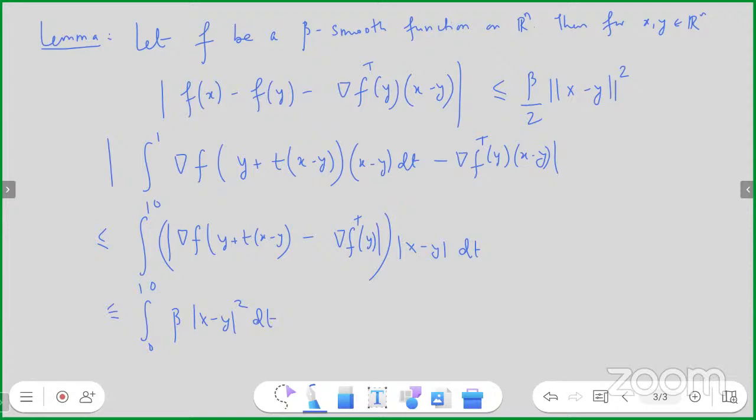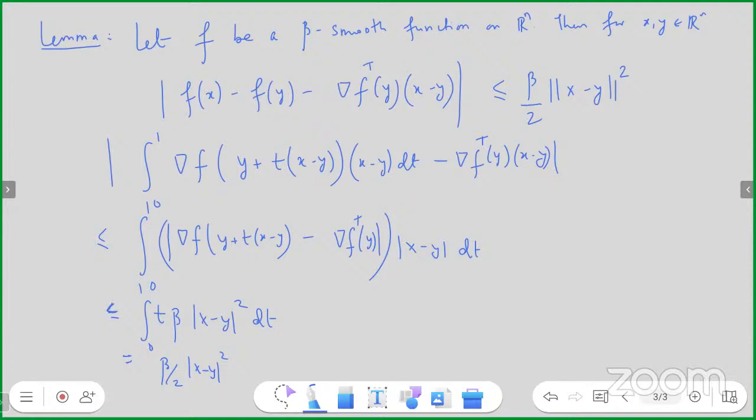And how do I get the half? There's a t here. How can you miss the t? It's not just simply x minus y. There's a t times x minus y. And this is equal to beta by 2.